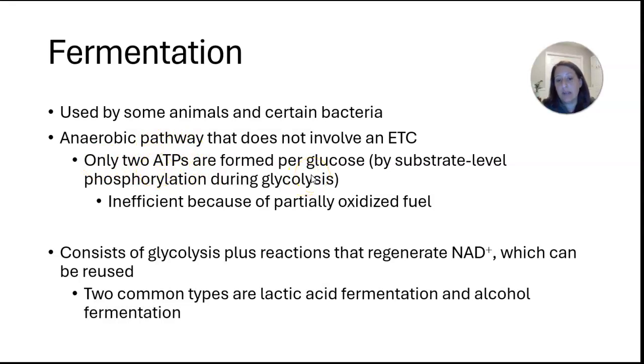That is made by substrate level phosphorylation during the first step, which is glycolysis. For some organisms, that's all they have to use. But it's a very inefficient process because you only partially oxidize glucose. There's still energy that you can't pull out of it if you're just doing this first step.